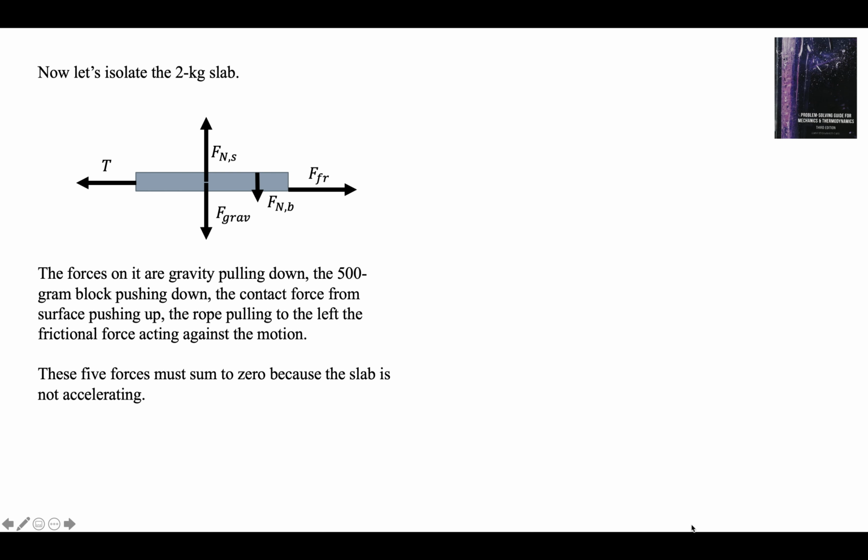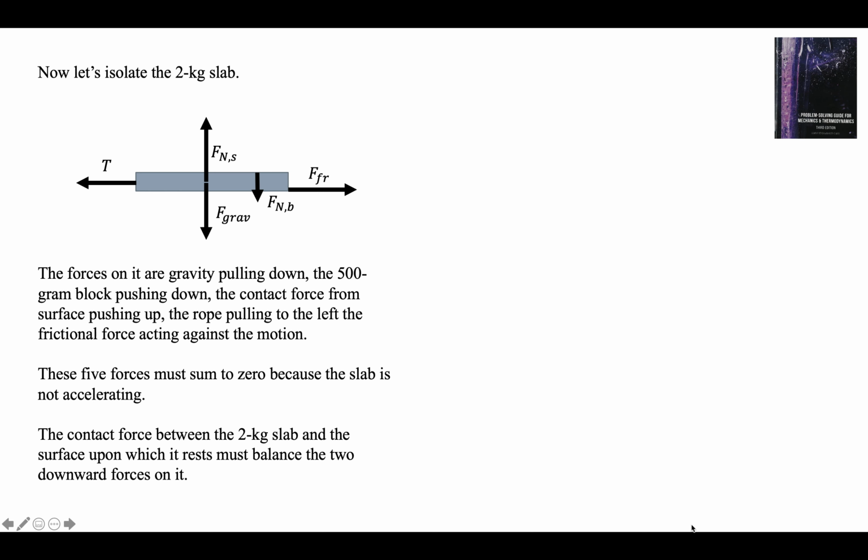The 5 forces must sum to 0 because the slab is not accelerating. This is part A. It's going 40 centimeters per second, constant speed. The contact force between the 2 kilogram slab and the surface must balance the 2 downward forces on it: the gravitational force on the slab itself and the gravitational force on the 500 gram block.